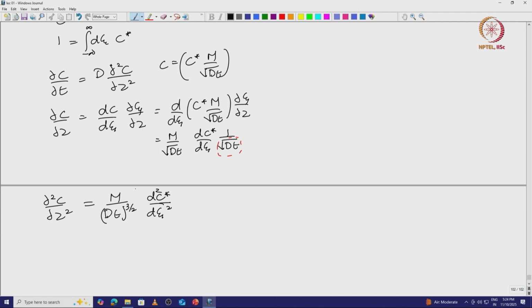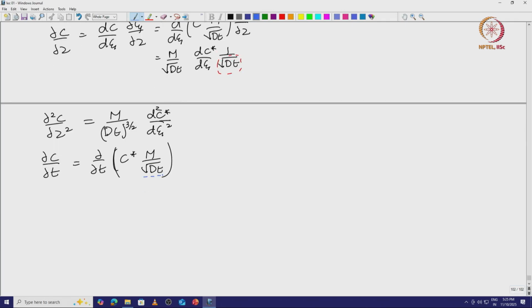And then I have the derivative with respect to t, which is equal to d by dt of C star multiplied by m by root dt. Note that C star is a function of psi and psi is a function of z. In addition, I have a time dependent factor here in the denominator.